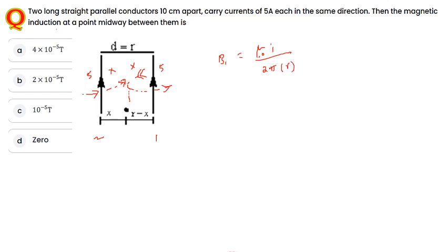So I just mentioned r only, and for B2 is equal to mu naught I divided by 2 pi r, also the same distance r. I and I both will be the same, so B1 will be equal to B2. You just substitute this value: B1 minus B2 equals 0 here. Both are the same value, so both will be cancelled together. So the answer in this case here is 0.